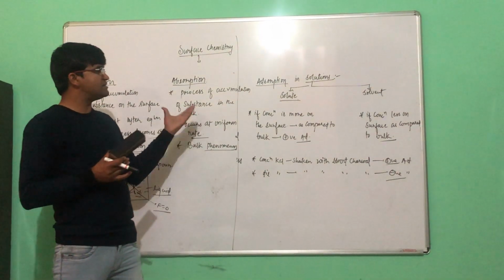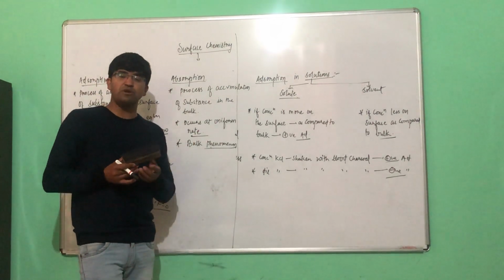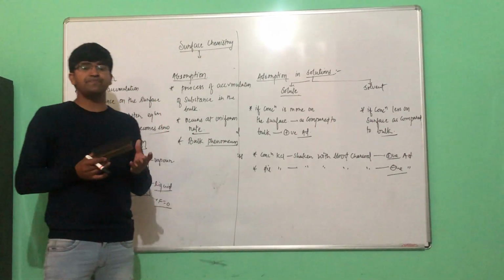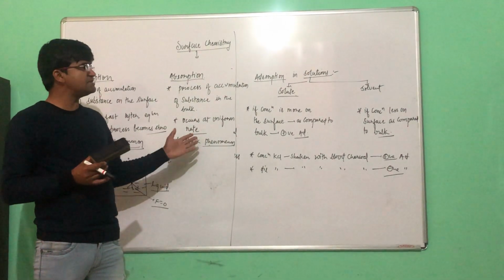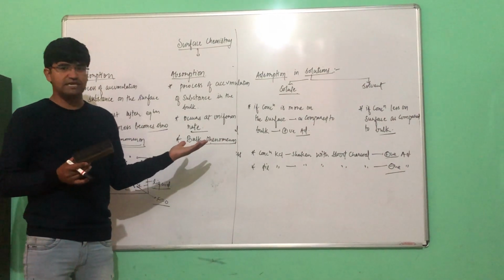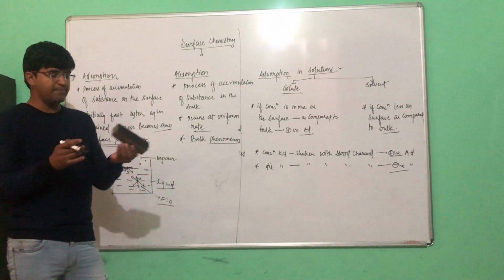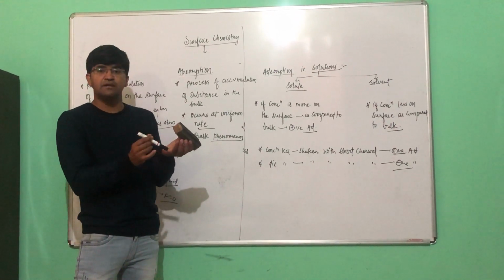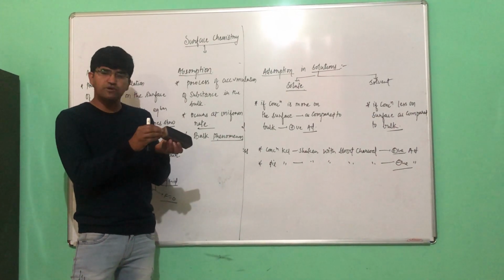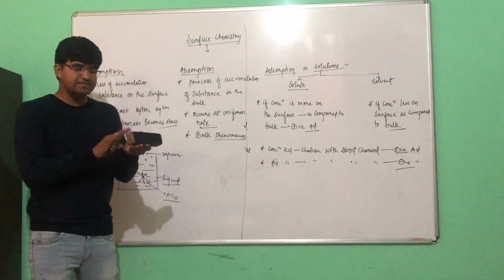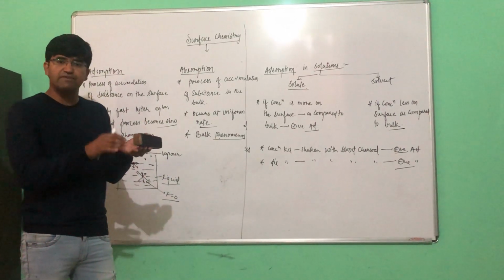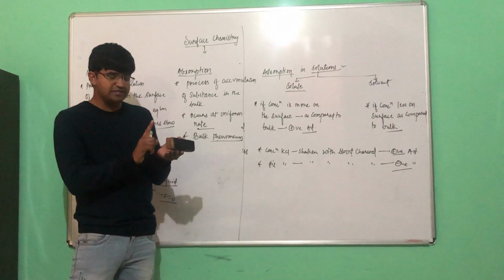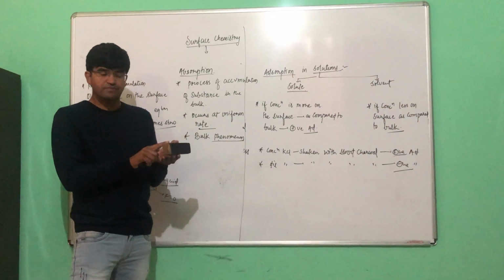The basic terminology used in adsorption is adsorbate. The substance which gets adsorbed is known as the adsorbate. For example, oxygen molecules are adsorbed on the surface of this duster. Then oxygen molecules are the adsorbate, and this duster, because it is the site where adsorption is taking place, is known as the adsorbent.